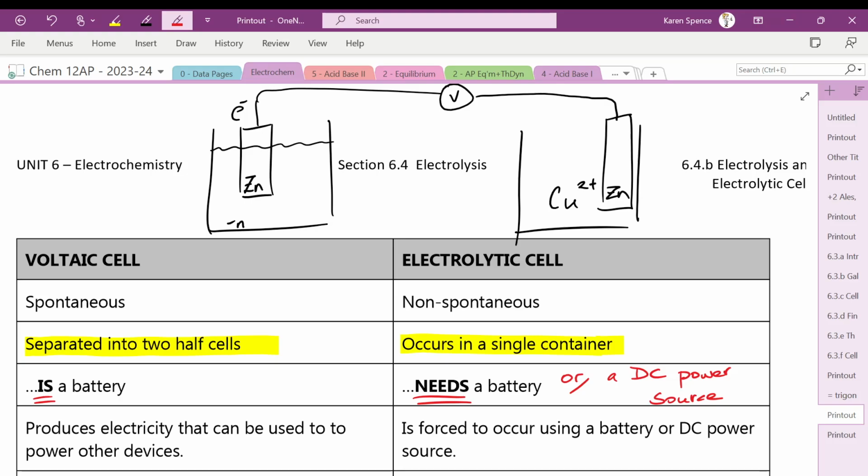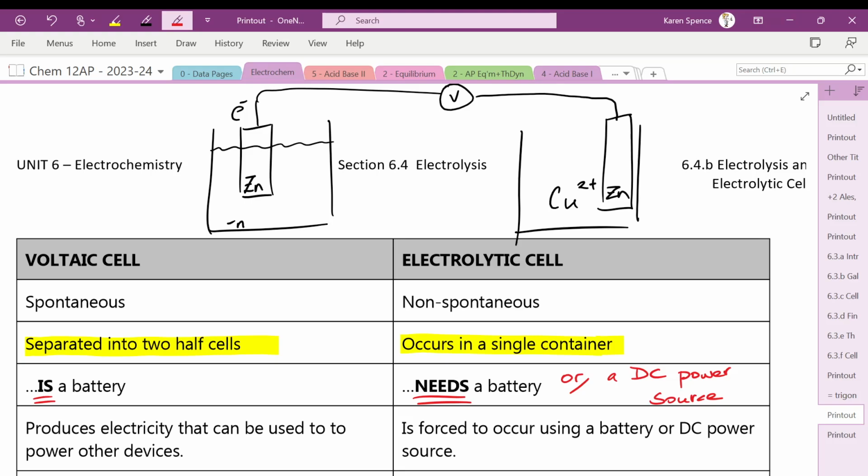Is that going to provide a push in one direction for the electrons to flow? No, because they're going back and forth. So what a DC power source does, it takes the alternating current, and through the magic of electronics, it transforms it into direct current so that it's pushing electrons one direction.